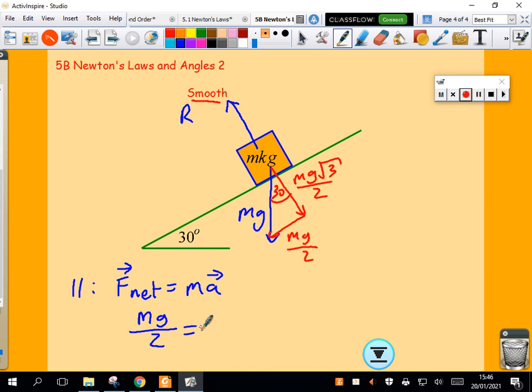That's equal to the mass, which is m, times the acceleration, which we have to find. Dividing on both sides by m, I'll get g over 2 is equal to a, which means that a is a half of g, which is 4.9 meters per second squared.